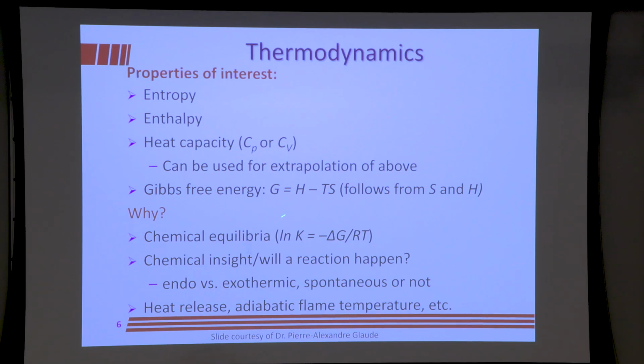Because Gibbs free energy takes enthalpy and entropy together and puts it into one thermodynamic term, right? And then I'll show later, or I showed here, you've got log of the equilibrium constant is equal to minus delta G over RT. So if we have Gibbs free energy, we can put that back into an equation where we relate it to the equilibrium constant, K_eq, okay?